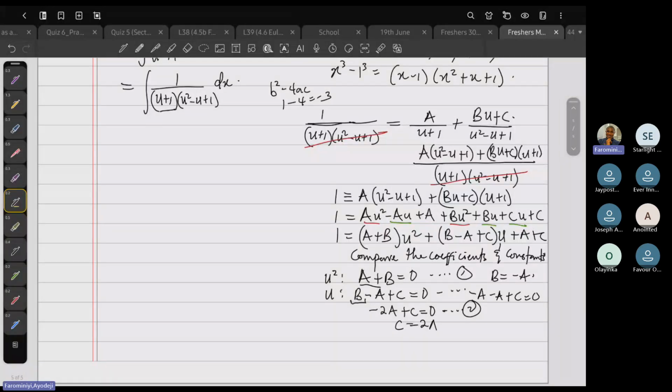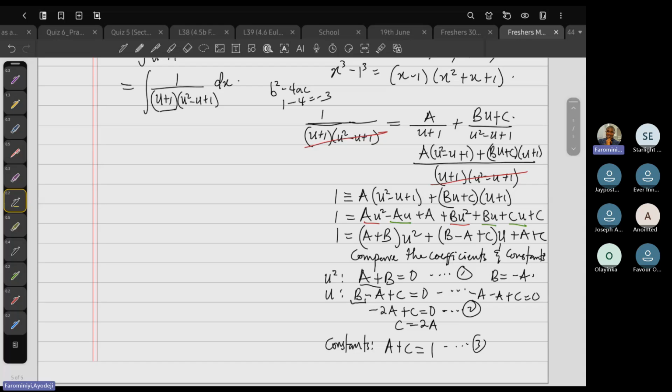And for the constants, on the right-hand side the constant is A plus C. On the left-hand side, the constant is 1. So A plus C is equal to 1, equation 3. But from equation 2, we already know that C is equal to 2A.